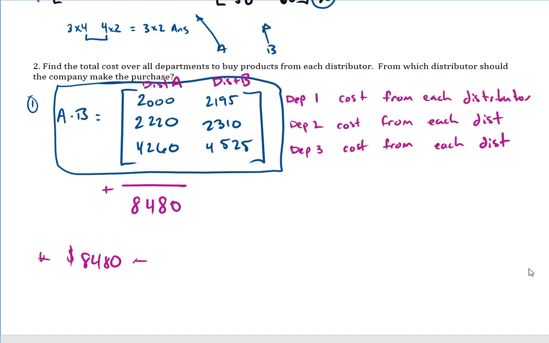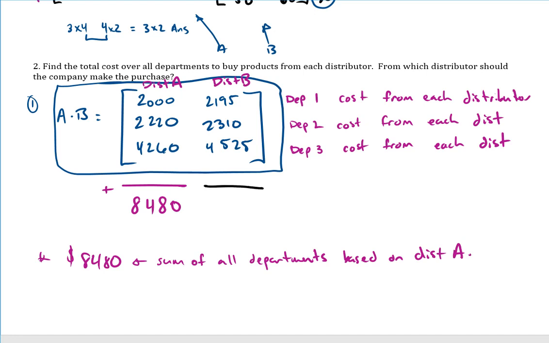So this is the sum of all departments based on distributor A. Okay, so that's what that one is.